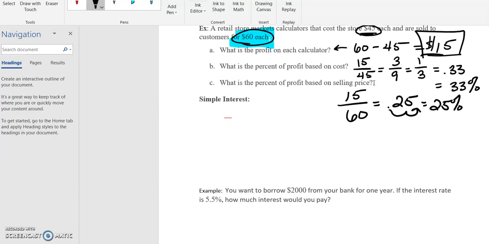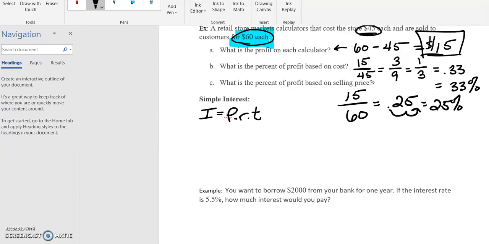Now, simple interest. You're going to see this quite a bit in many of your math classes. Simple interest is a relatively easy formula. The simple interest is I equals P times R times T. The important part here is that I'm multiplying all of these things out.